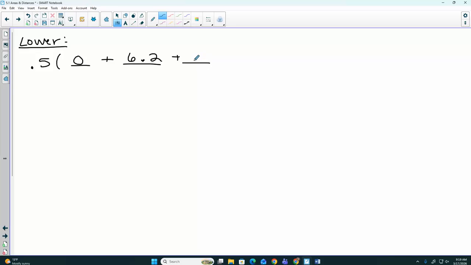Between 1 and 1.5 seconds, we would use, between 1.5 and 2 seconds, we use, between 2 and 2.5 seconds, and between 2.5 and 3 seconds. So the difference is we're using the leftmost point, so that means we don't use the final speed, the 20.2.